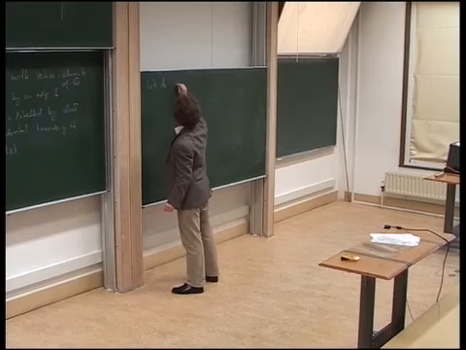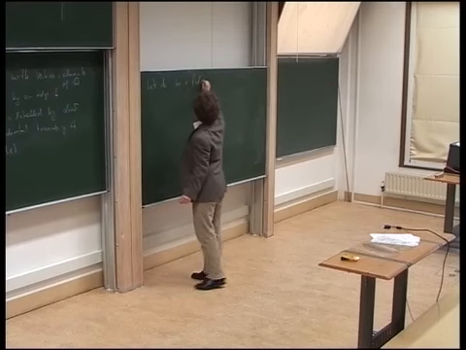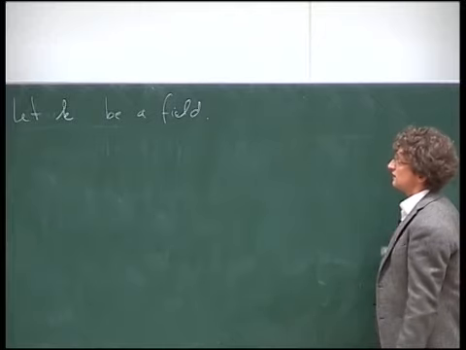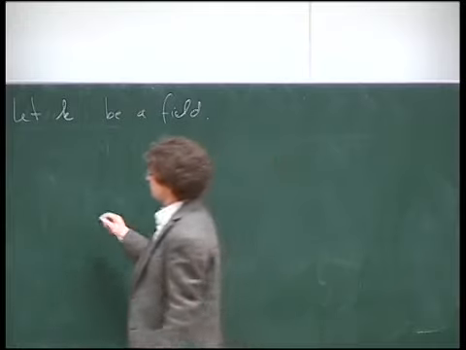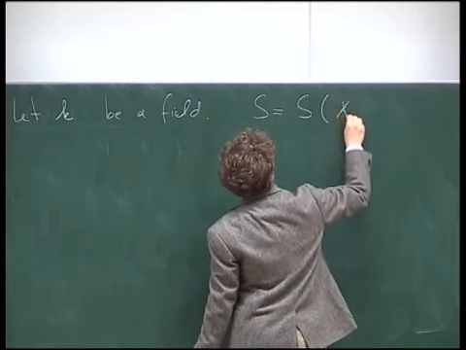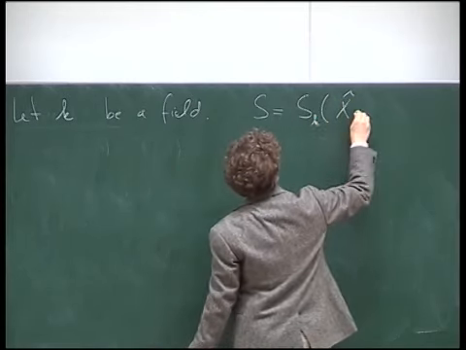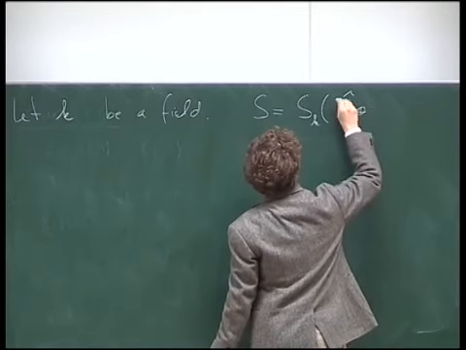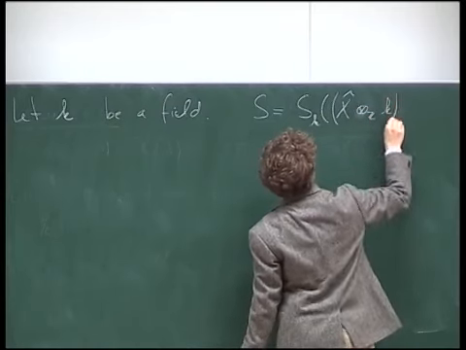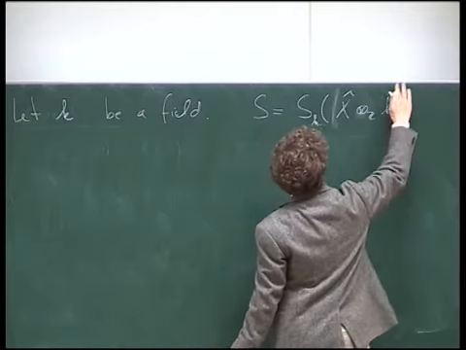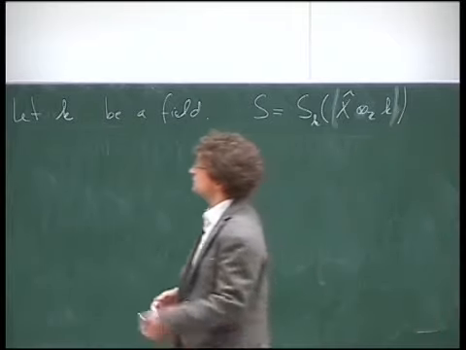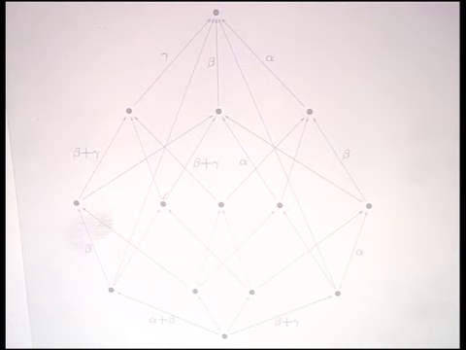Of course, we take our field from the first part of the talk, the ground field of our group, and then we define the symmetric algebra of the K vector space associated to the lattice that contains all the labels.